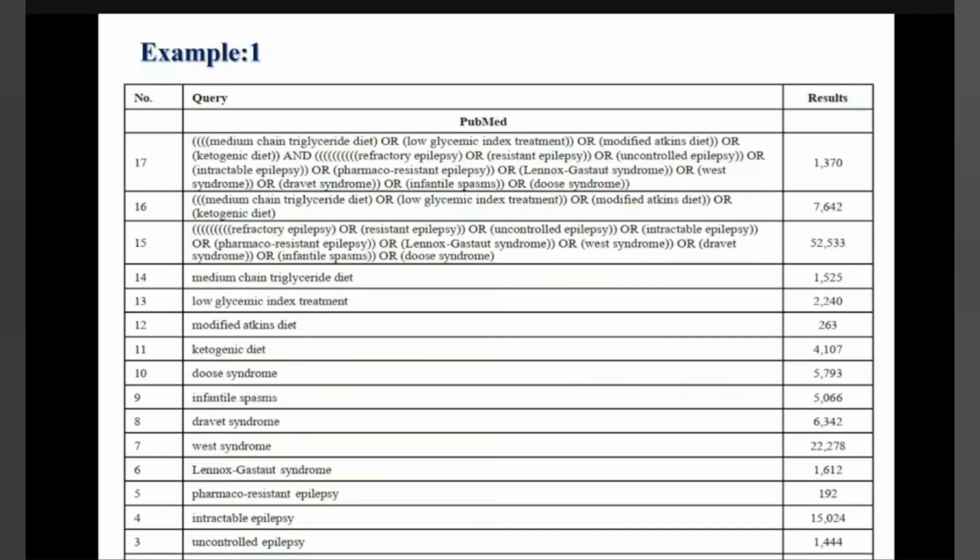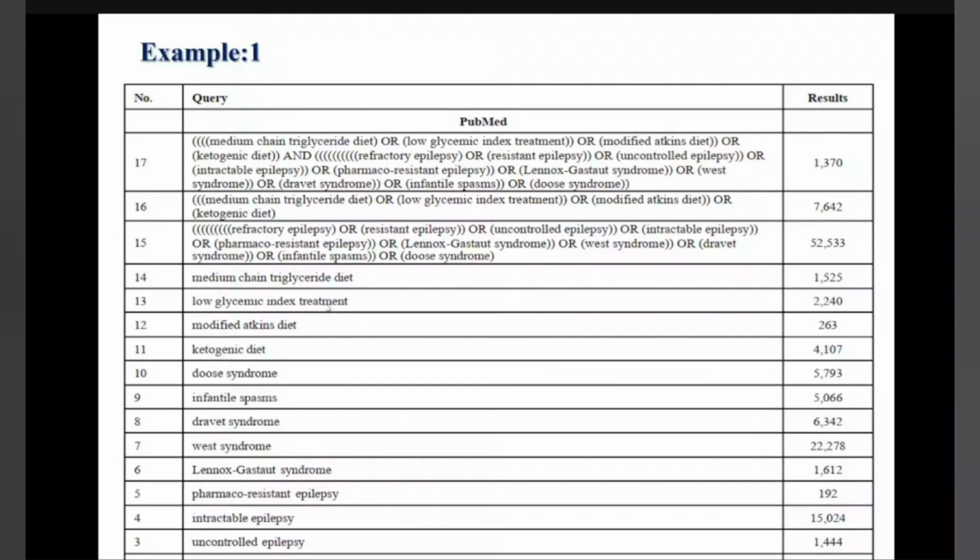Now, we have already defined the PICOT, and on the basis of it we are going to make the search strategy. This is an example of a search strategy we made in PubMed. We start with the population, which is epilepsy. We want to add synonyms of the population.